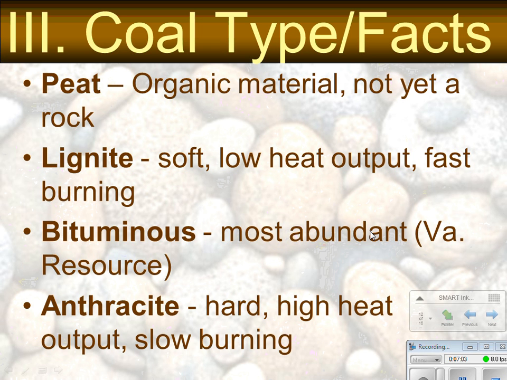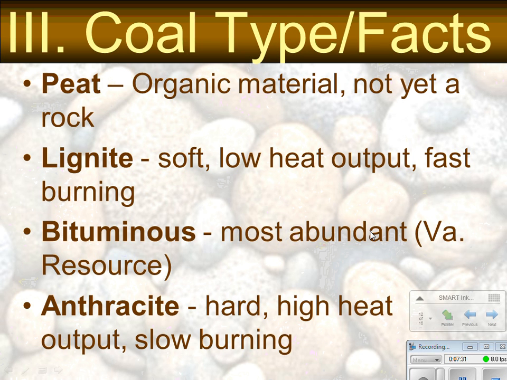Lignite is the soft, low heat output, fast burning coal. Bituminous coal is the most abundant type of coal, and that's actually a Virginia resource. You find it out in the Appalachian Plateau, way out on the western part of the state. And then anthracite, hard, high heat output, slow burning.